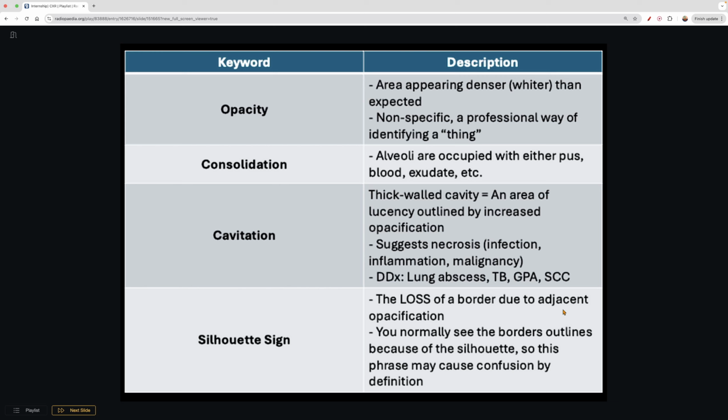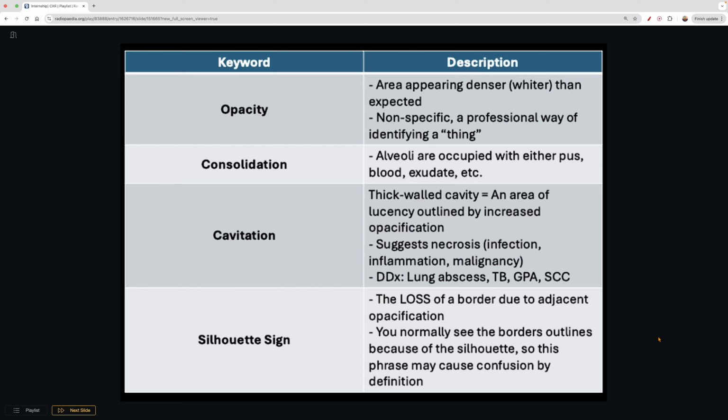And then the silhouette sign. So very interesting concept. So what is a silhouette by definition, right? A silhouette is an outline. You think about your shadow, or you can see an outline around someone that's like kind of highlighted. And the silhouette sign is the loss of a border due to adjacent opacification.